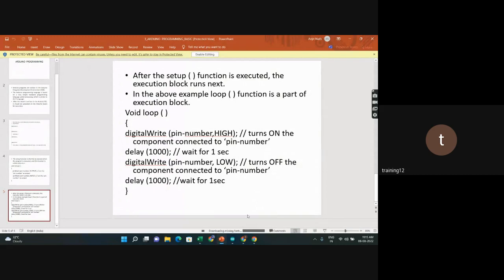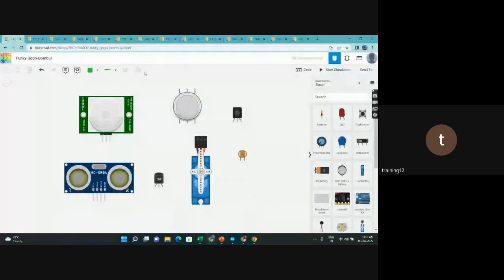Everyone, open Tinkercad in Google. Can you send the link in the chat box?